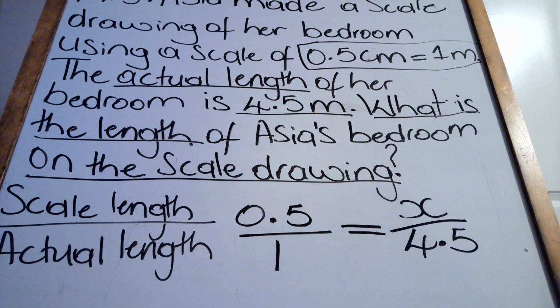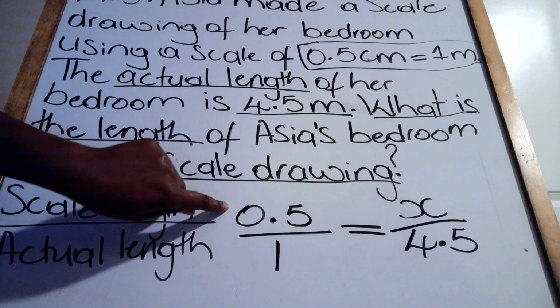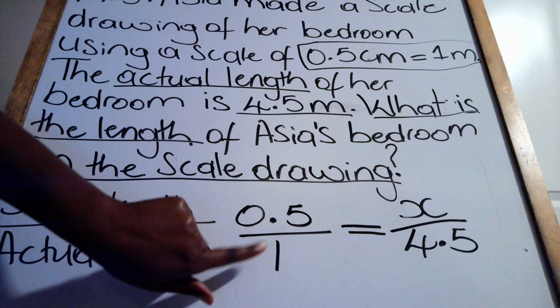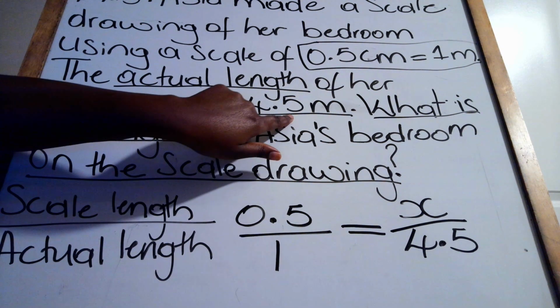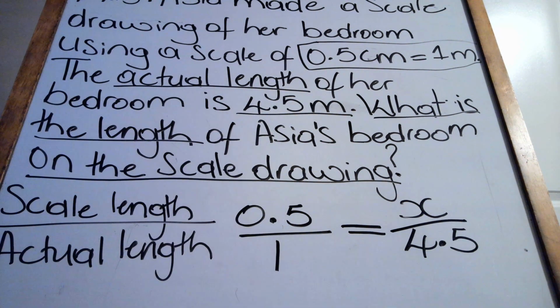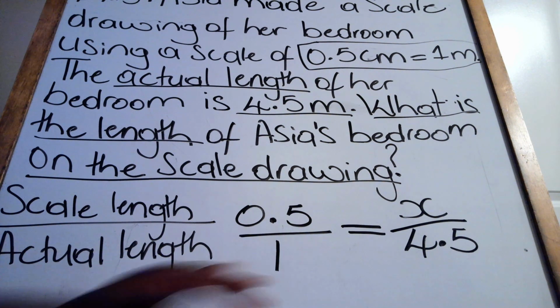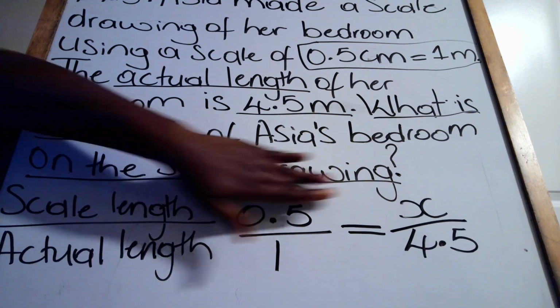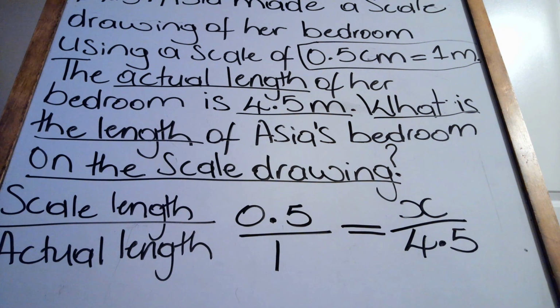Once we set our proportion, we cross multiply. If we want to test if our proportion is set properly, 0.5 is centimeters, 1 is meter, 4.5 is meters, so meters are in the denominator. The scale length is what we want to find, so the unit of our answer will be in centimeters.